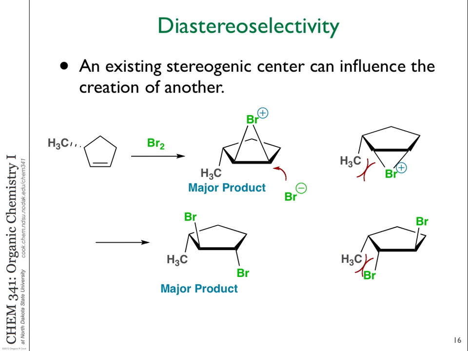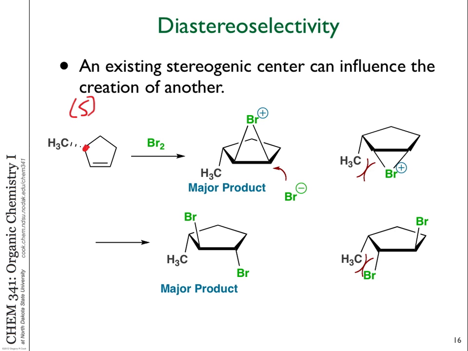If we have other chirality, now here is where we can really make a difference. If there's other chirality already in the molecule, in this case a stereocenter which has the S configuration, CH3 down, now we have a difference. That CH3 group will influence both steps of this reaction.